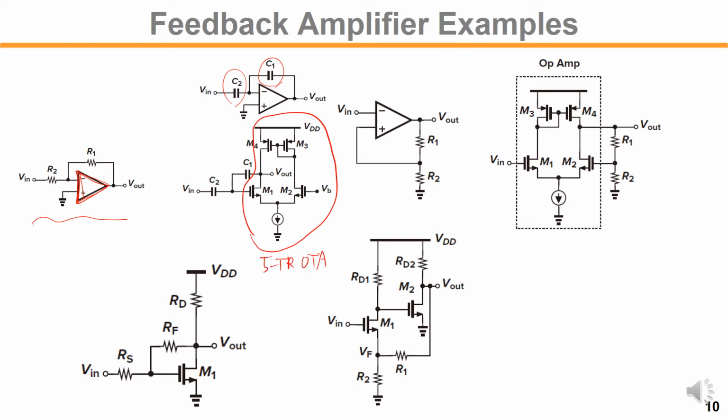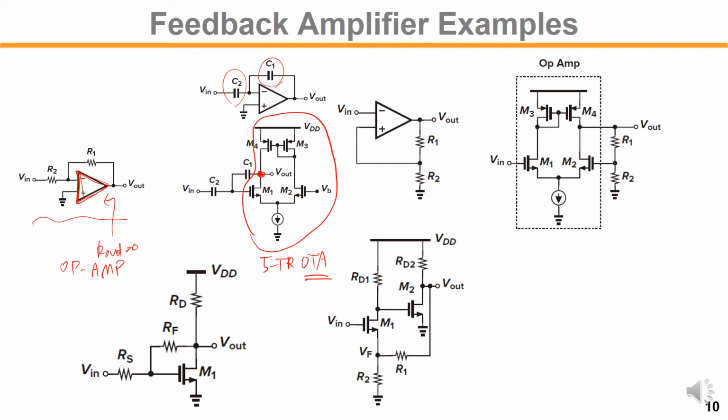Here, in this case, the output impedance is large. If you remember in the undergraduate course, we had to assume that the ideal OPM amplifier has a characteristic of R out equal to 0, right? But this is the OPM. For the OTA, the output impedance is large.